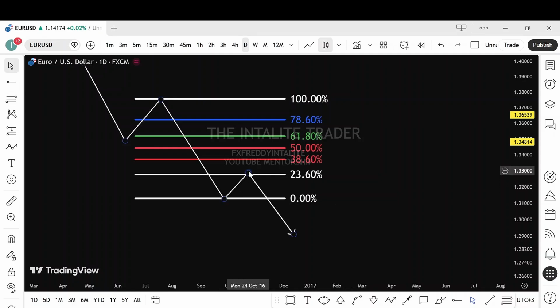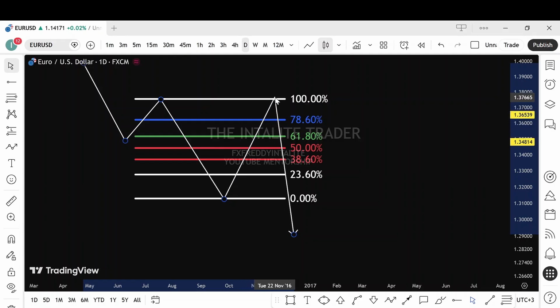That means it pulled back by 23%. Then if it comes to 38, that is a 38% pullback. If it comes to 50, half, that is a deep pullback. Then if it comes to 100, that means price has pulled back 100% of the previous move.